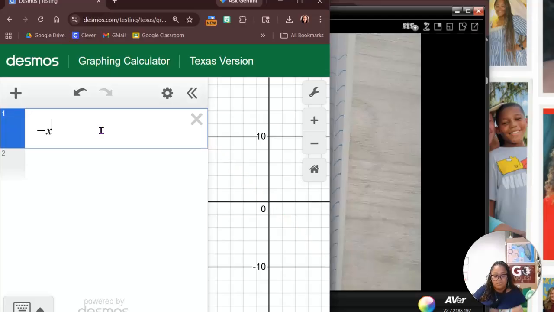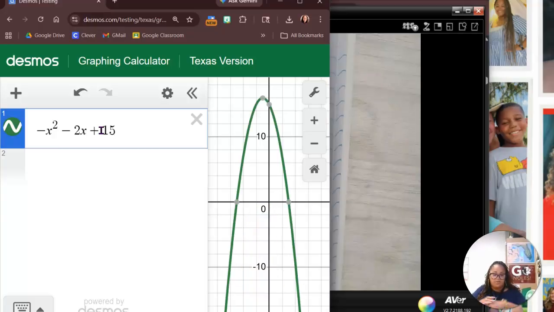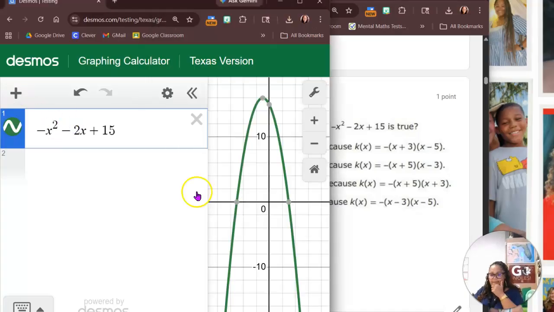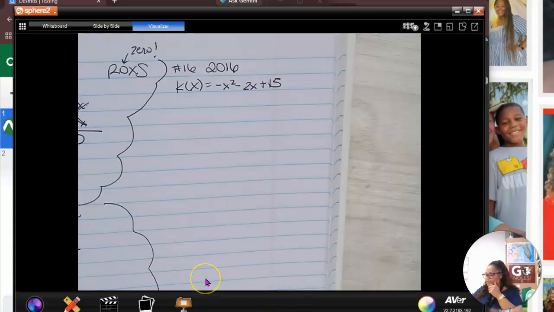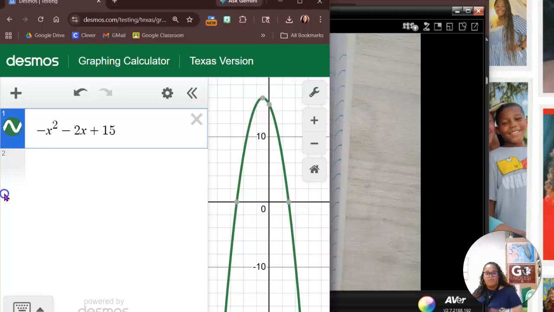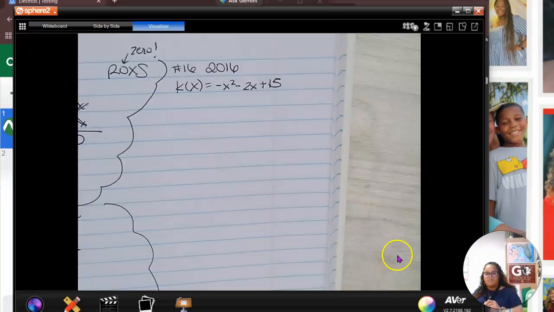Negative x squared minus 2x plus 15. Alright, and look at the zeros here, and then that's it. I just need to go to the answer and choose the appropriate one, and 3, 0.